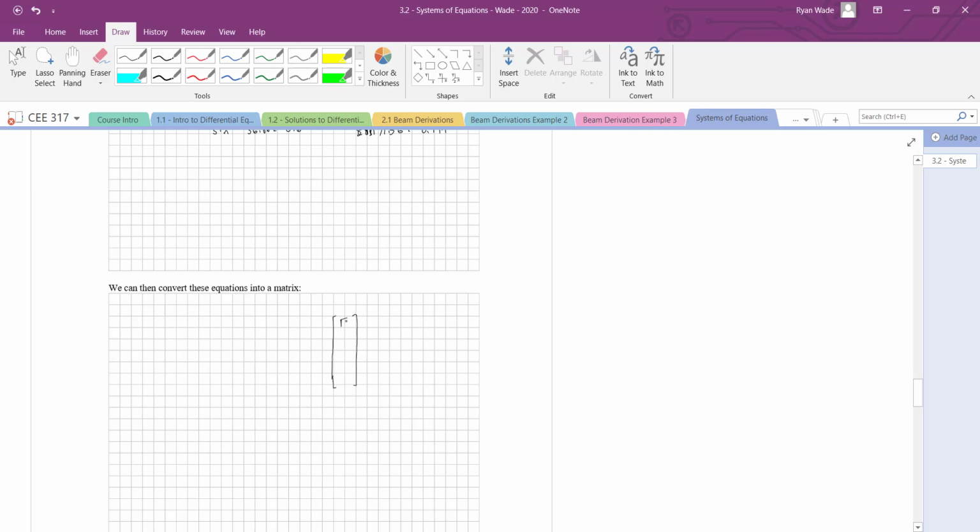So I have FAB. It doesn't matter what order you put them in here, but this is going to determine the order for the rest of your matrices. So I've got AB, BC, AC, RAY, RBX, RBY. Now, that's my X matrix.